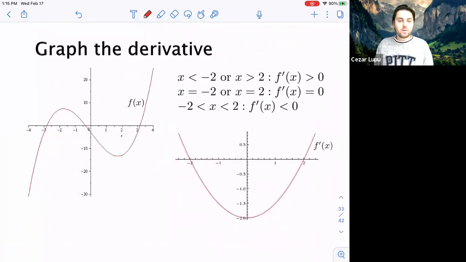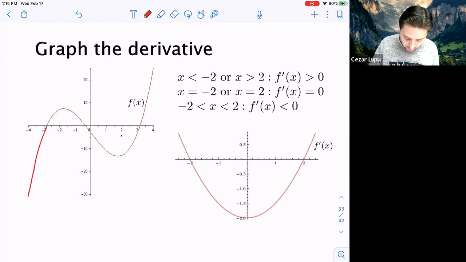So, as you can see from the graph of this function, let's interpret it.